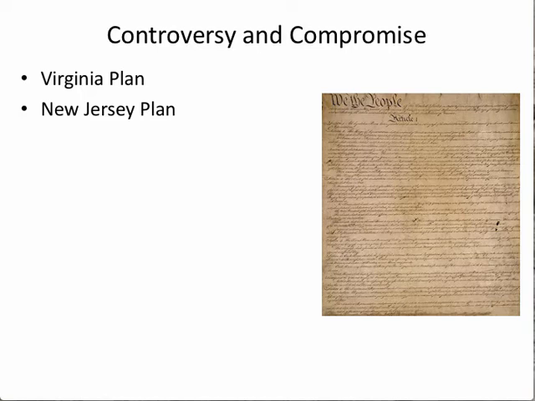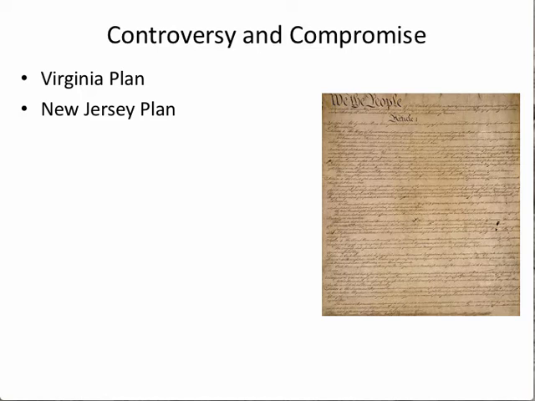Well, clearly the smaller states, the less populated states, did not like that idea, and led by New Jersey, they came up with their own plan. Under the New Jersey plan, Congress would have had only one house, and within that, what we call a unicameral legislature, one house legislature, each state would have had only one vote.